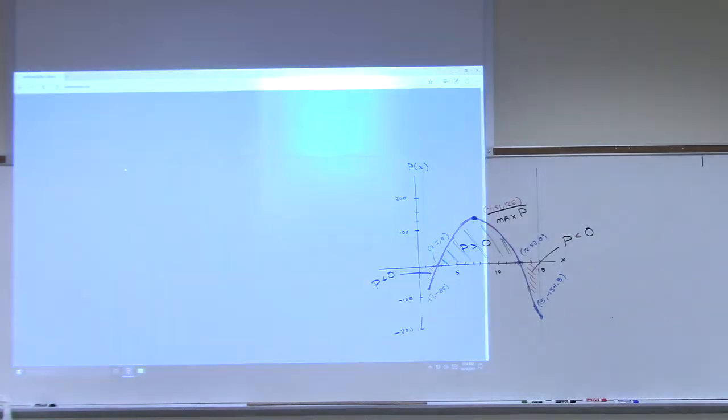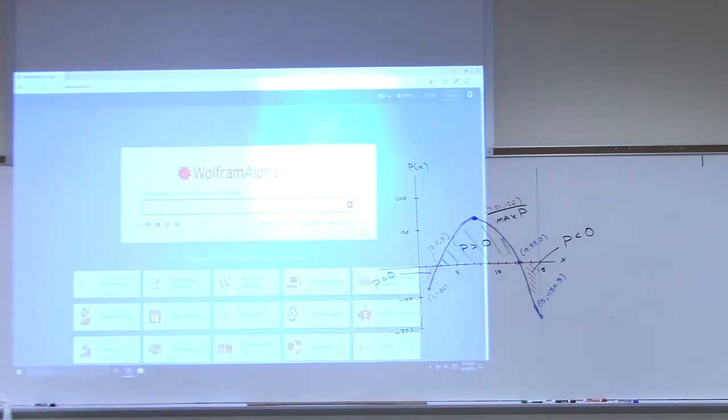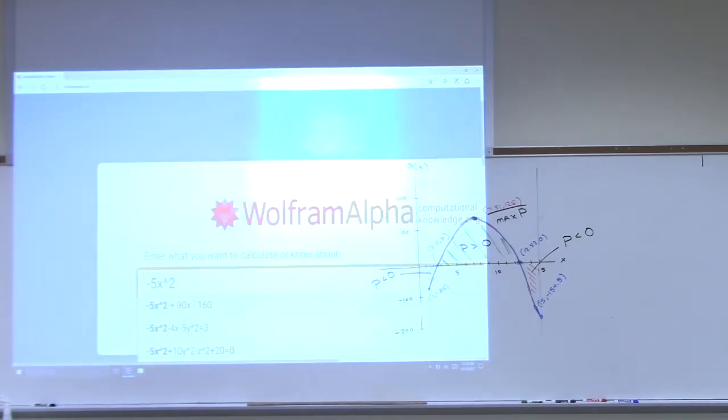If we go to Wolfram Alpha, and if we just type in that profit function right now. So the profit function was negative 5 x squared. And notice I'm using this little, what we call the caret key right there, for raising something to a power.